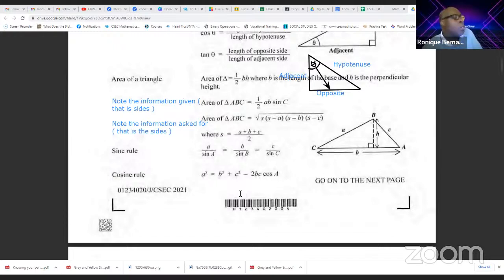Okay, good. Now, to know whether or not you must use a cosine rule, they'll give you two lengths and the angle between the two lengths. So if you have a triangle where you're given the two lengths and the angle between them, then you know that you're going to use the cosine rule.